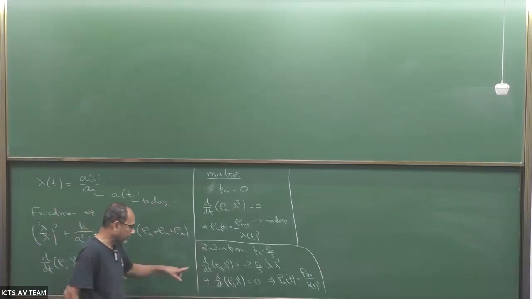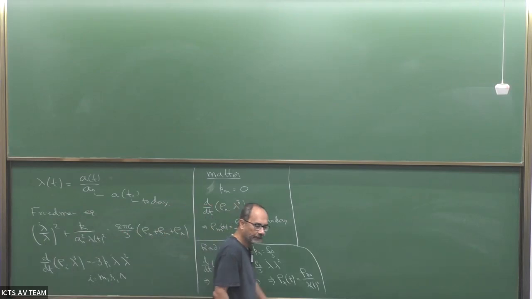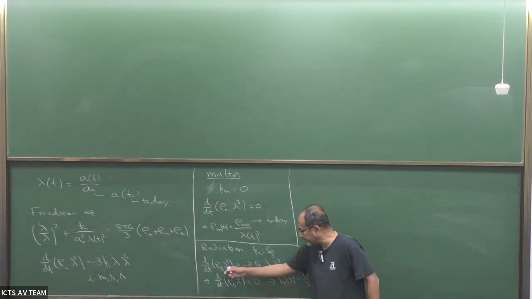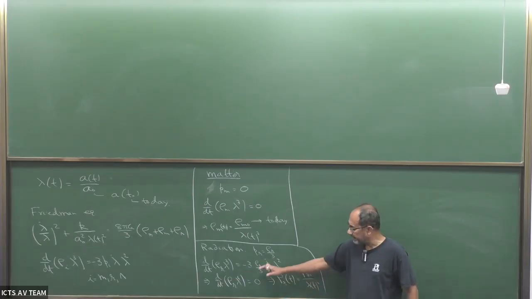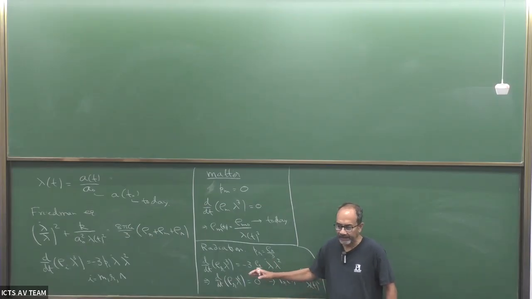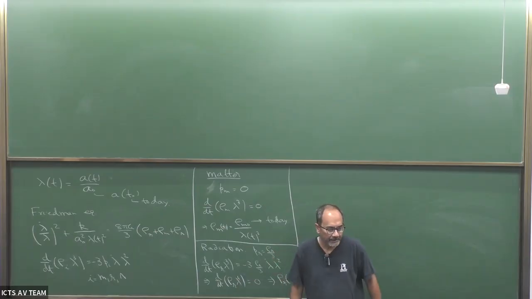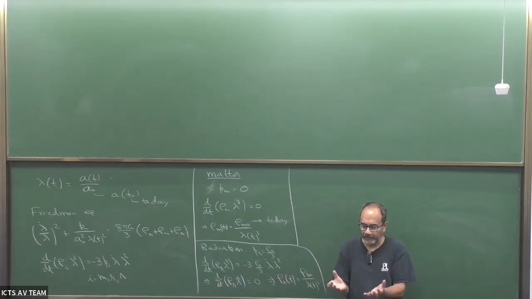You can also think of it in purely classical terms. You have this d/dt of rho_r lambda cubed, and you have a minus sign here. So this right hand side is telling us that as the universe expands, photons in a given co-moving volume are working against the pressure. It has a positive pressure, so it's working against the pressure, and that's why you are losing energy.